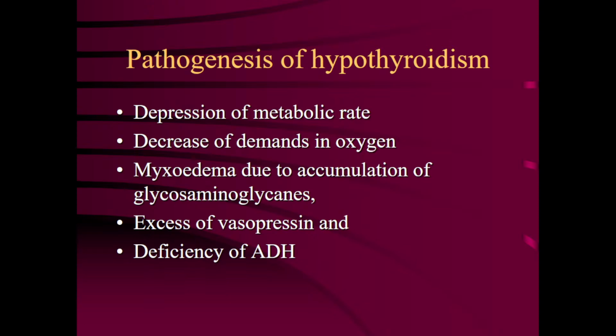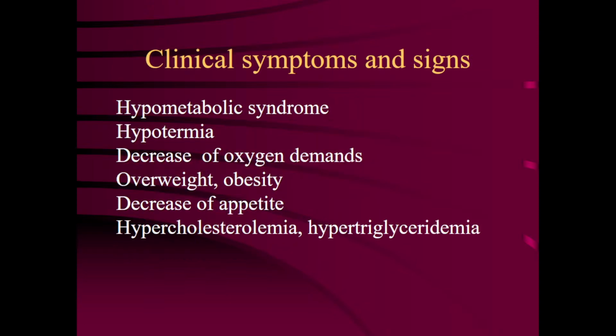You can see that there is a depression of metabolic rate, decrease of demands in oxygen, and myxedema occurs due to accumulation of glycosaminoglycans, excess of vasopressin, and deficiency of ADH. Excess of vasopressin leads to the appearance of edema and the increase of peripheral resistance of vessels.